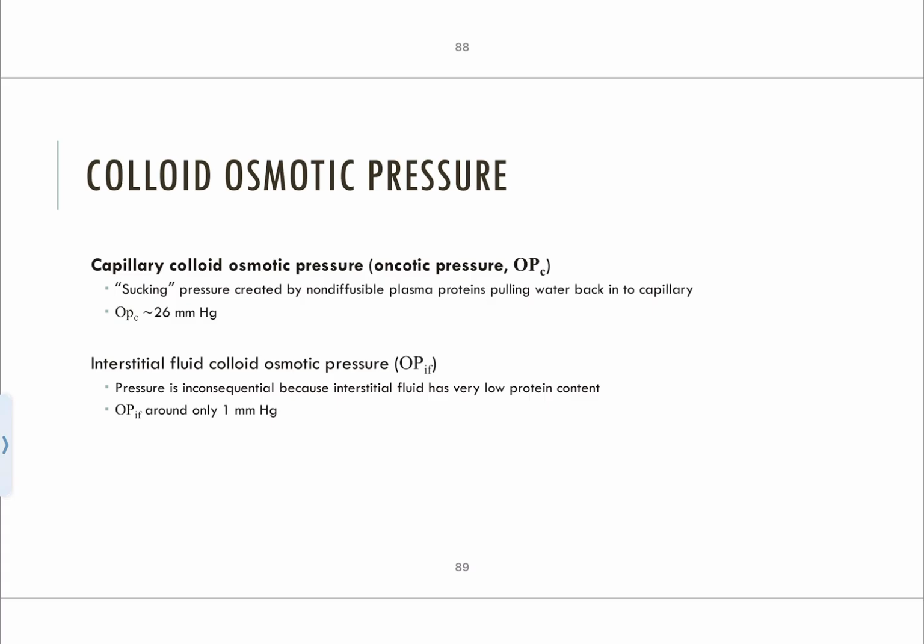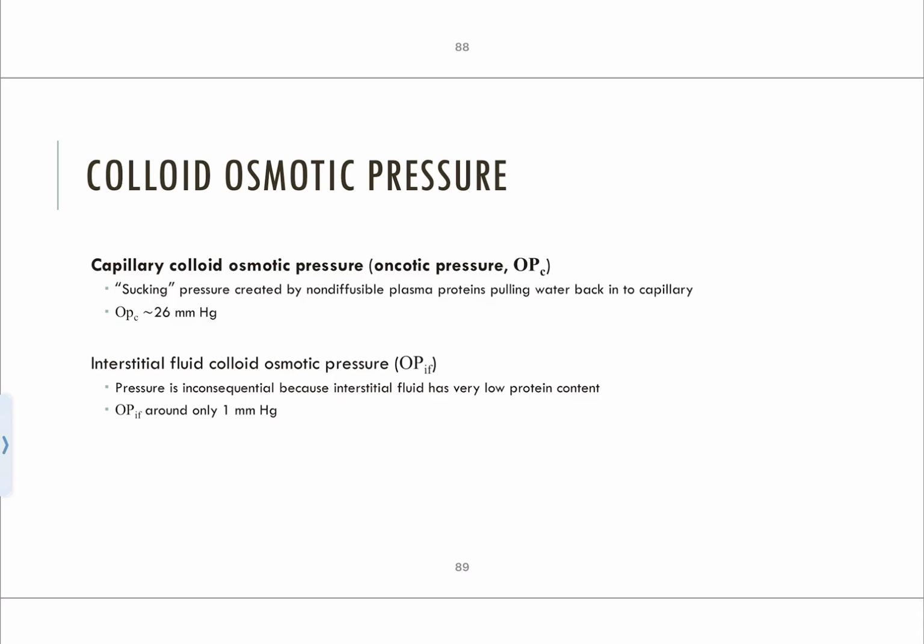So it's a sucking pressure created because those plasma proteins remain in the capillary themselves and they are wanting to pull water back into it. We also have the interstitial fluid colloid osmotic pressure, and this pressure is inconsequential because the interstitial fluid has a very low protein count.